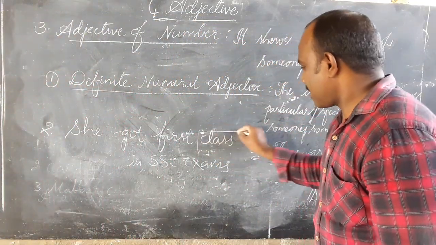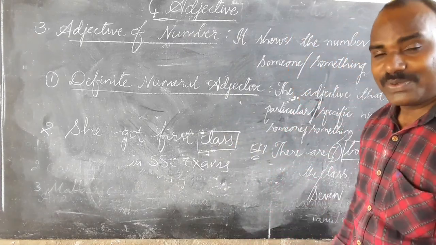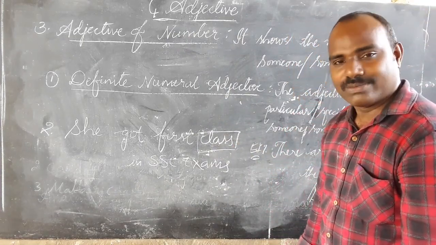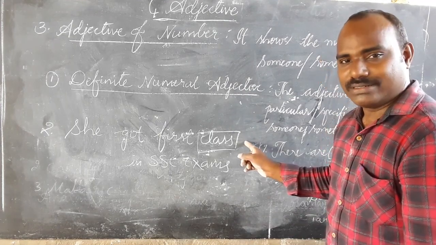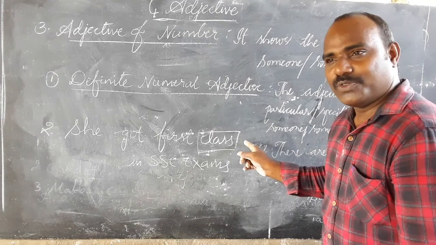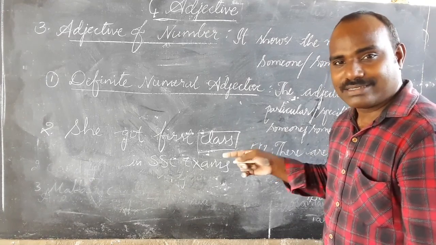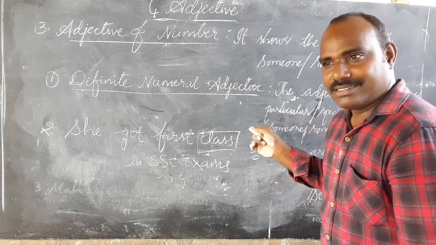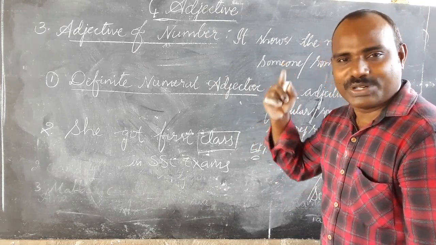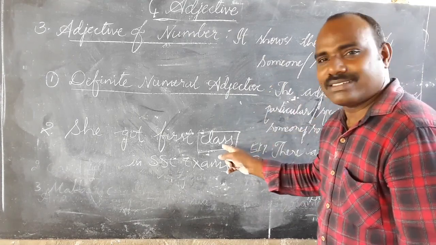You see, class is a noun. What kind of noun is class? Do you know? Class means a group of students. See, if a word talks about groups of people or things, that can be called a collective noun. I think you remember, it is in the first video about nouns. I explained to you. See, class is a noun.